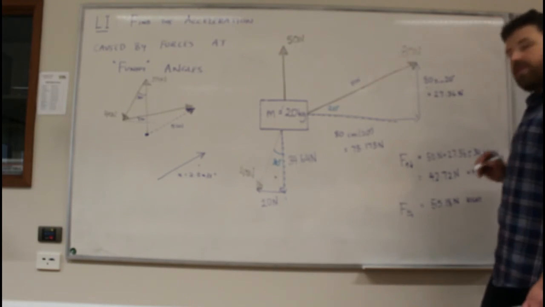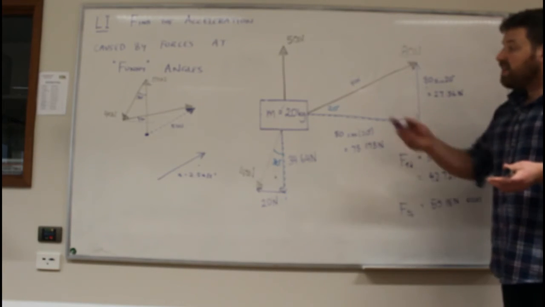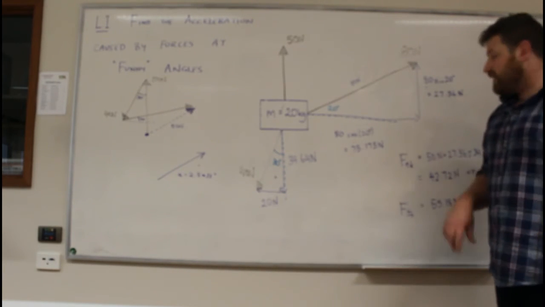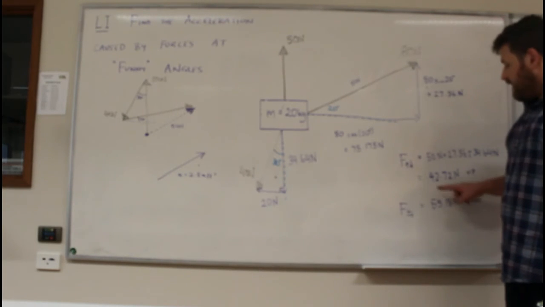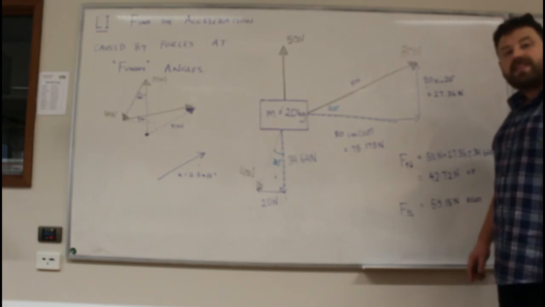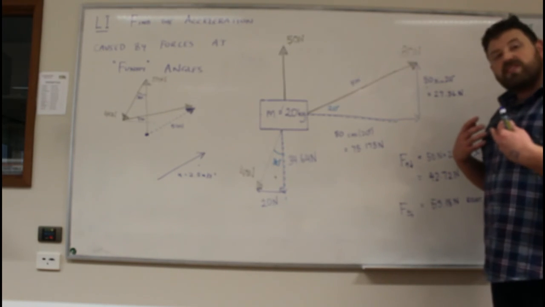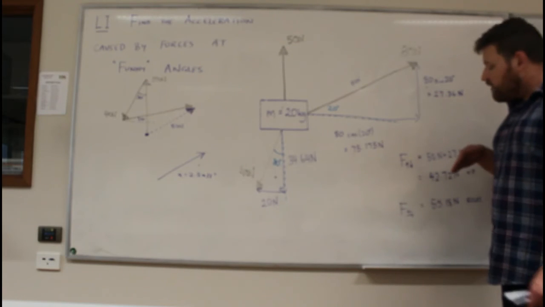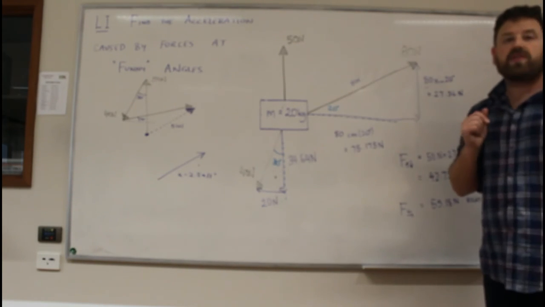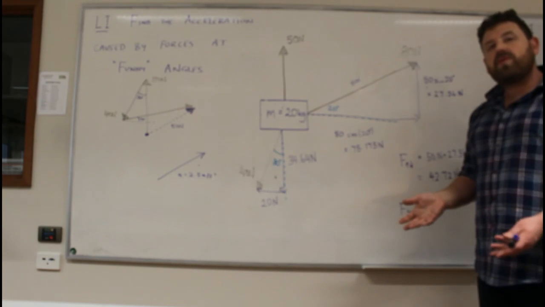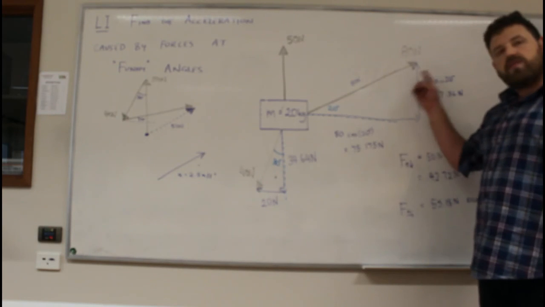So what should we expect our object to be doing? It's going to be accelerating 2 and a bit meters per second squared to the right, and about 2 meters per second squared upwards. If we wanted to know the total acceleration, we could use Pythagoras on these two to get the overall net, although it's usually more important to know the directional amounts than the overall magnitude.